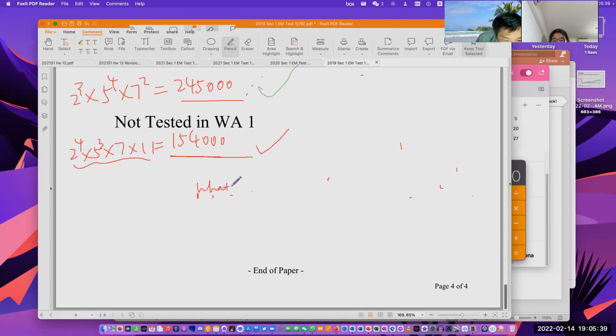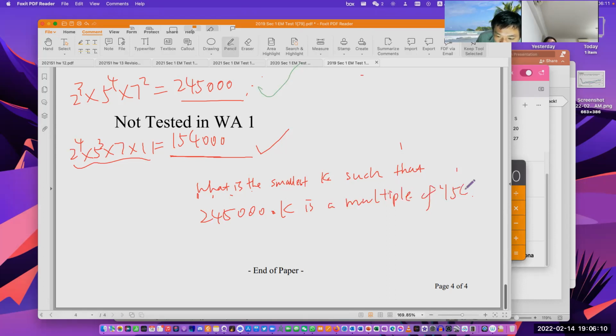What is the smallest k such that 245,000 times the k is a multiple of 154000?